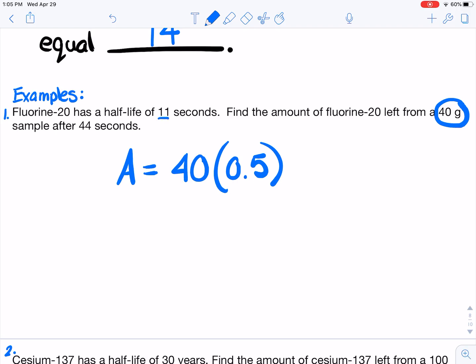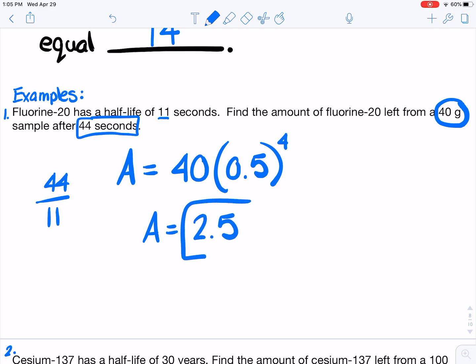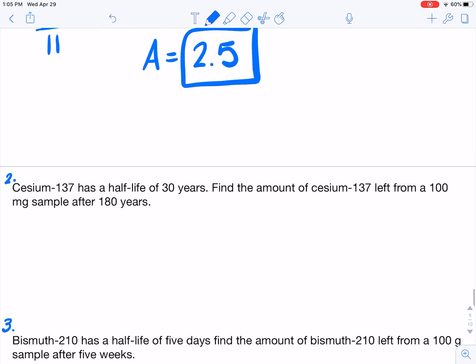It's 11 seconds each time, in a 44-second time period. So I'm going to take 44, divide by 11, and I get 4 as my answer. So from here, I'm going to type this in my calculator, 40 times 0.5 raised to a power of 4, and I get 2.5. That means there's 2.5 grams after that amount of time.